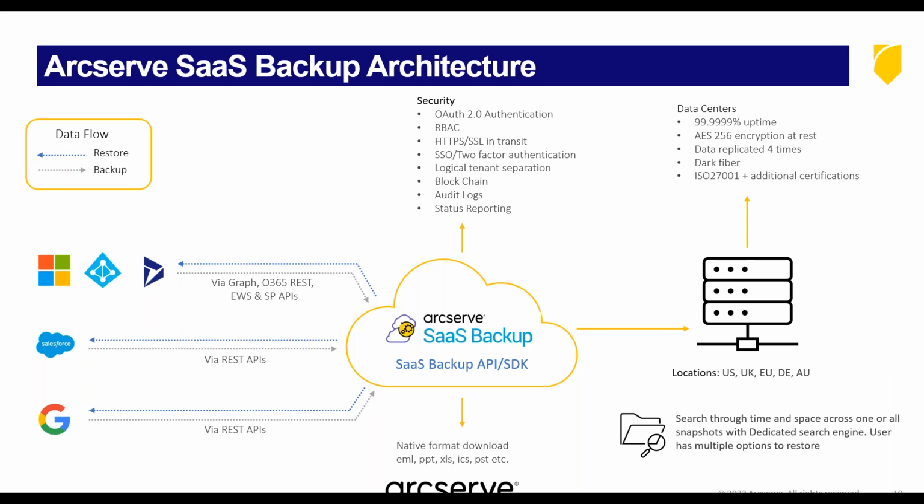The data will not be changed at all. The user is able to perform fast search across one or all snapshots with the dedicated search engine. And you will also see multiple restore methods, either to the original or to an alternate location.